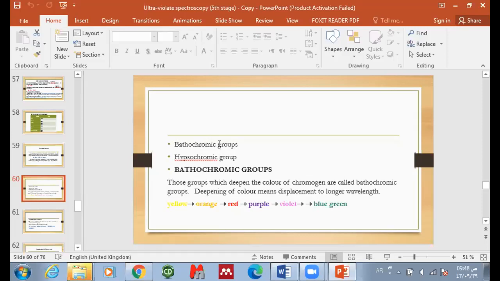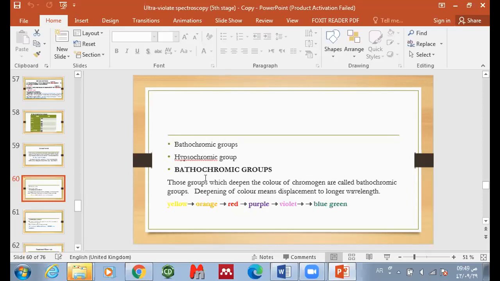When we have a bathochromic group in a molecule, this will lead to a red shift, meaning higher wavelength. And when we have a hypsochromic group, this will lead to a decrease in the absorbance of the molecule.